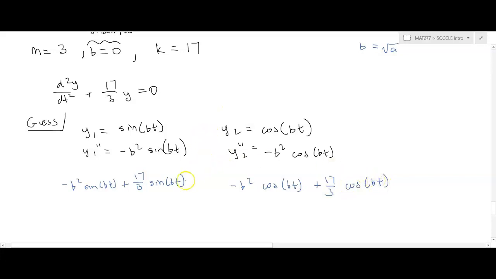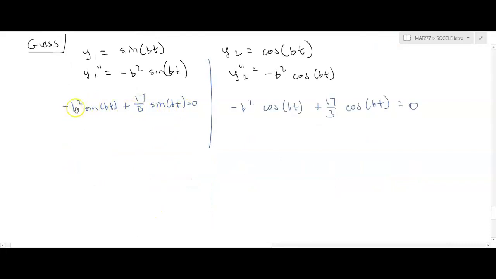And we know that that has to equal 0. And same thing over here, that has to equal 0. Okay, so when we add these two sine functions together, we're going to be adding their coefficients. We're going to be adding negative b squared plus 17/3.